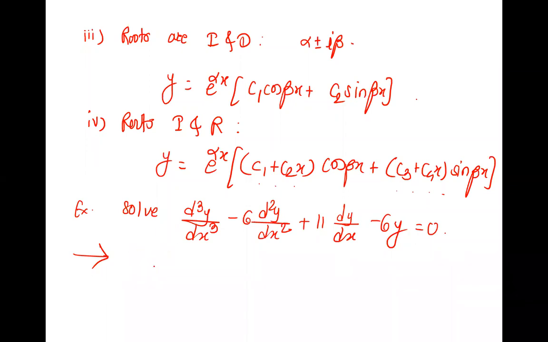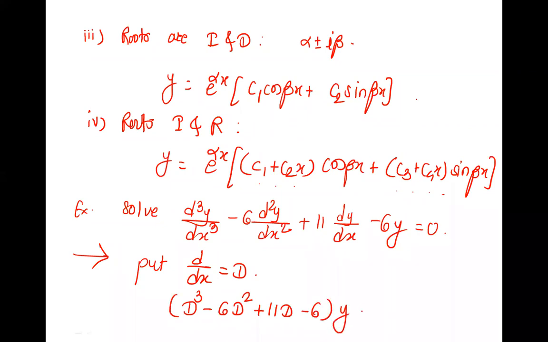First thing is you have to convert it into capital D. Put d by dx as capital D. So it is D cube minus 6 D square plus 11 D minus 6, with y common, so I am taking it out, is equal to 0. Clear? Now it is of the form phi D y equal to 0.